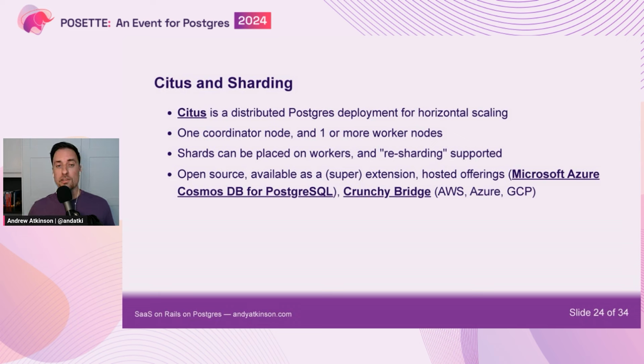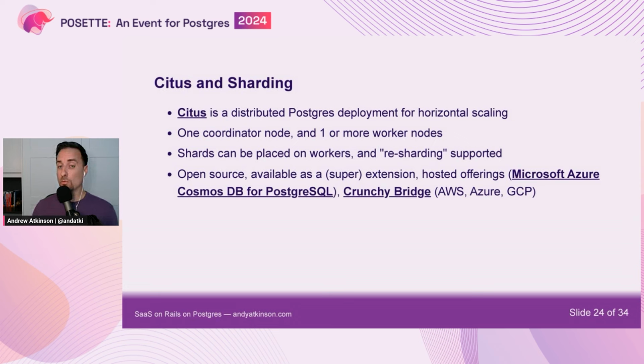Another option is Citus. Citus is a distributed Postgres deployment for horizontally scaling. And here we're going to be looking at sharding at the Postgres level. So we're going to have a series of nodes, with a coordinator node, and then one or more worker nodes. And shards can be placed on the worker nodes.